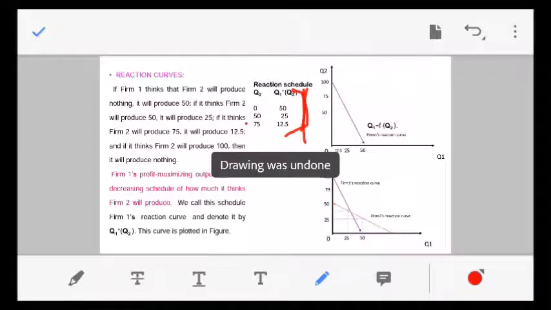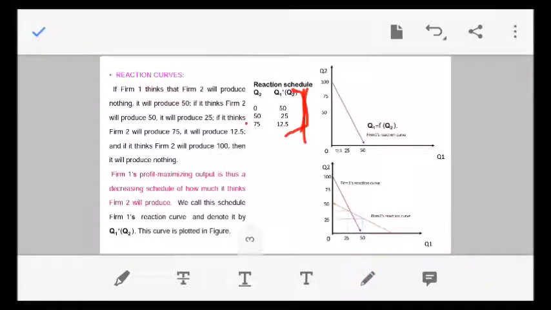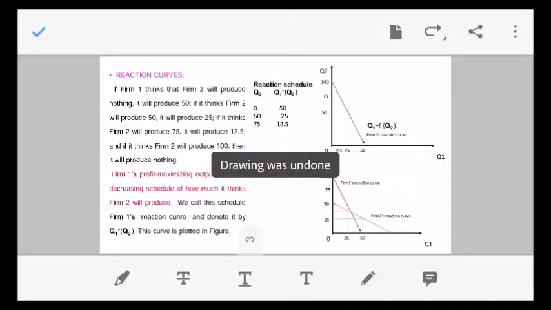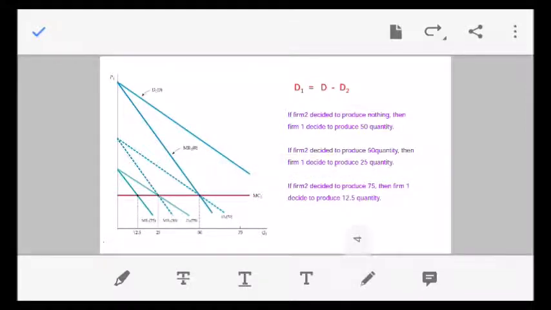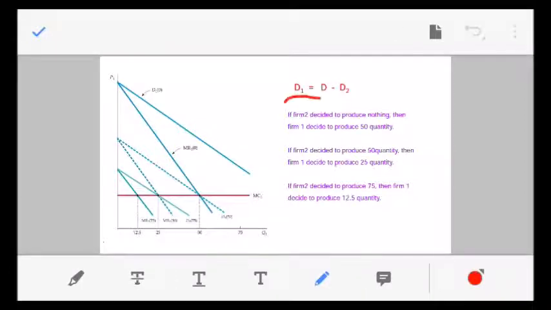To understand this in detail, we can go through the diagram. Let's say the market has a total demand D, where D1 and D2 are the demand curves faced by firm 1 and firm 2.